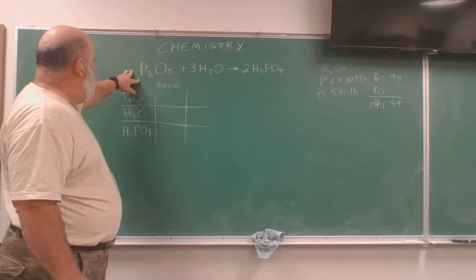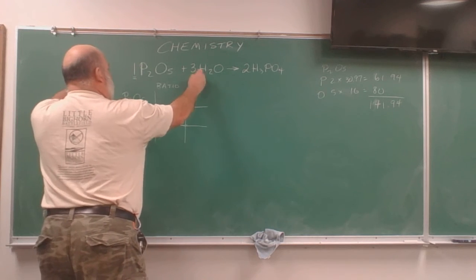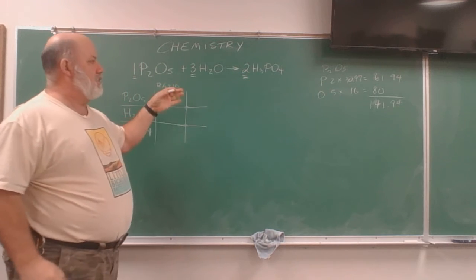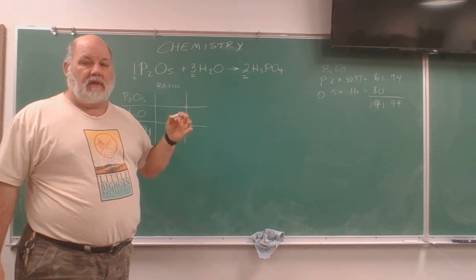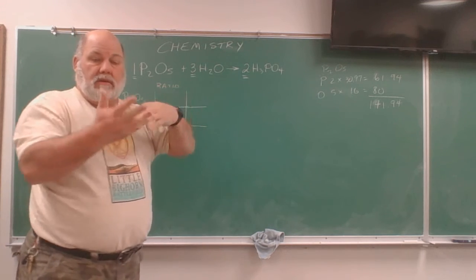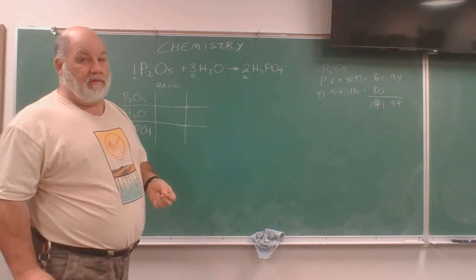There we go. And we learned earlier that these coefficients in front of each of these compounds tell us the number of molecules that are needed to combine, but they also tell us the ratio of moles.